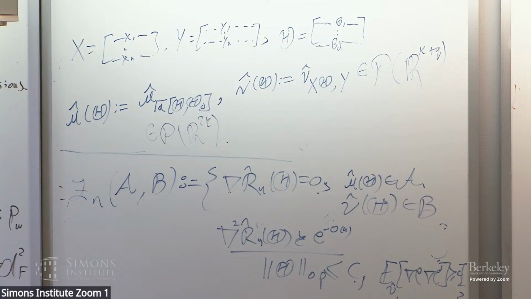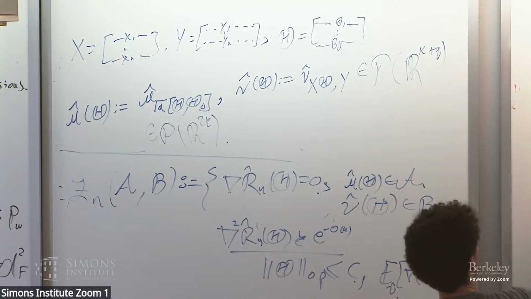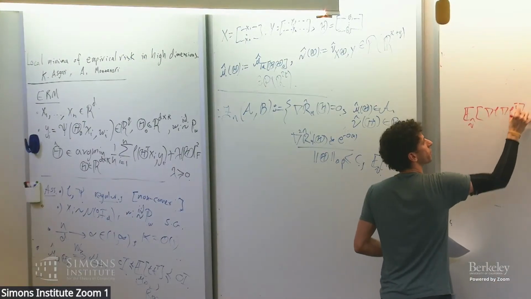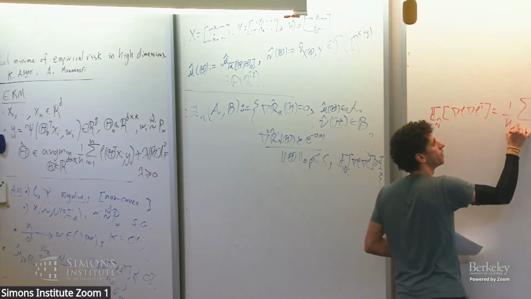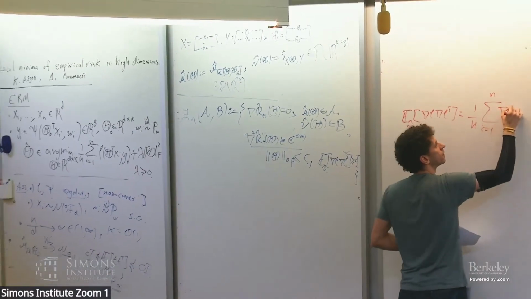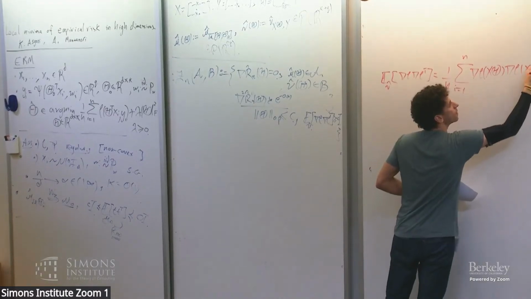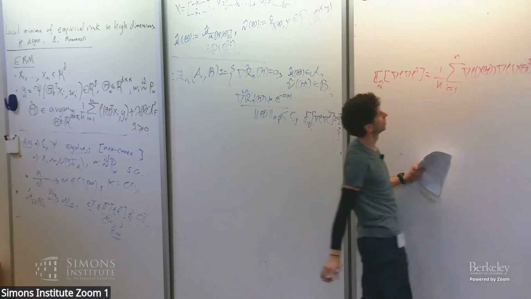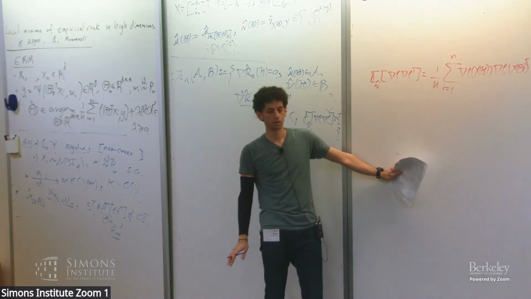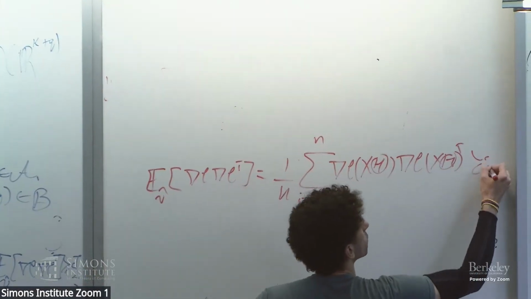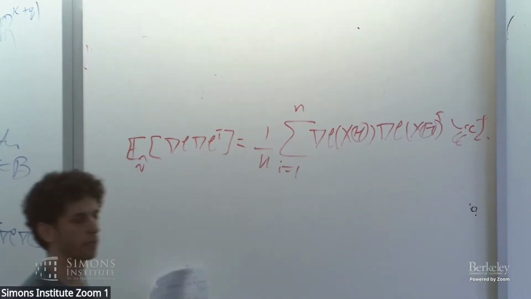I'm going to write things a lot in terms of empirical distributions. So when I say something like this, if you keep track of the notation, I'm assuming that this is bigger than this guy.